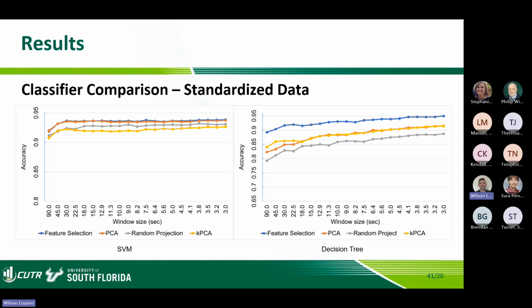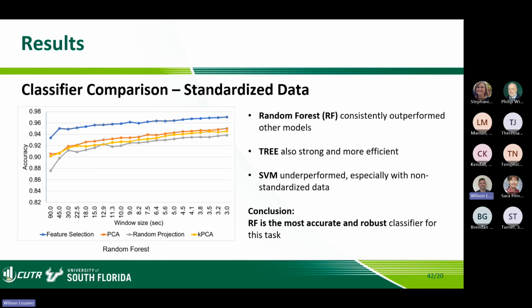With decision tree, we can observe that feature selection shows better performance overall over the other dimension reduction techniques. Again, it was the best in this case. Feature selection again with random forest.